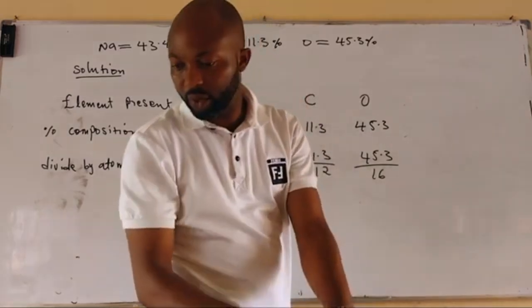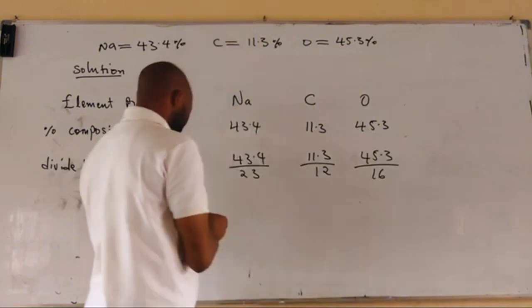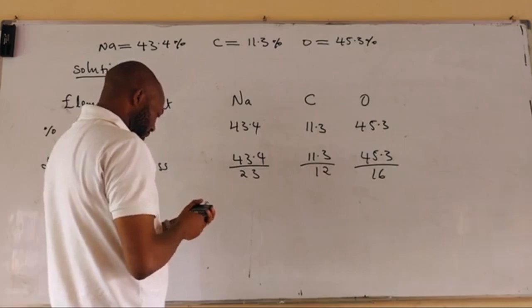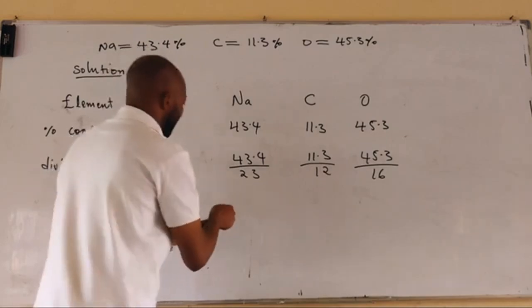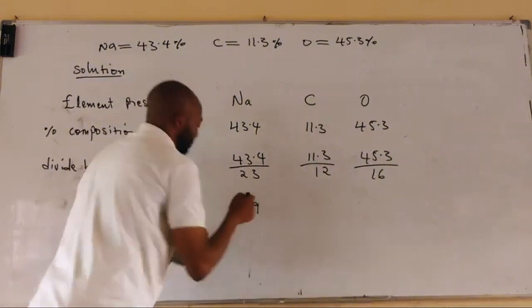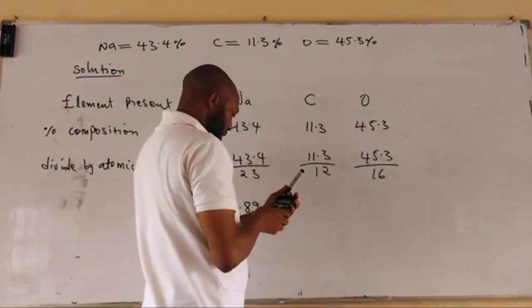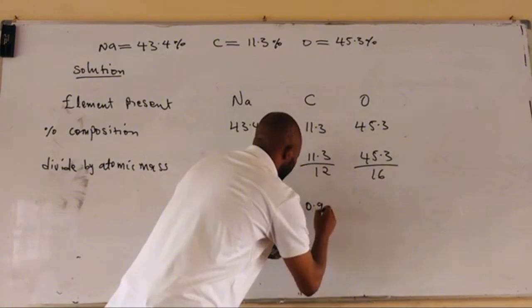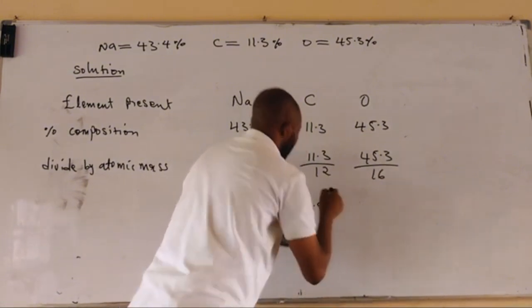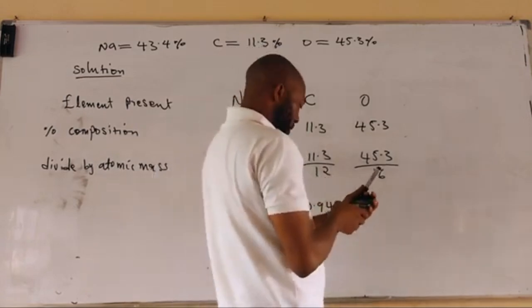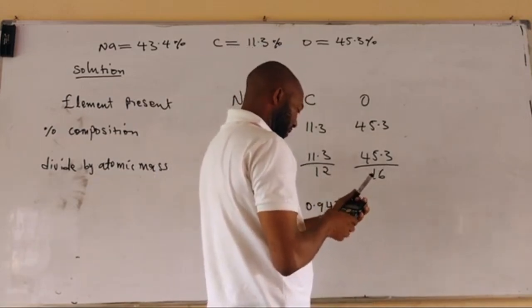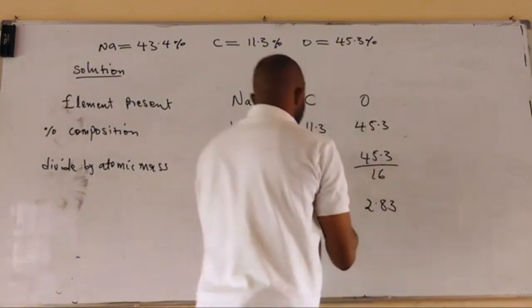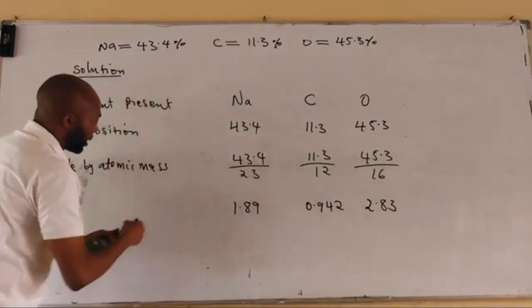When we do that, 43.4 divided by 23 gives us 1.89. 11.3 divided by 12 gives us 0.942. And 45.3 divided by 16 gives us 2.83.